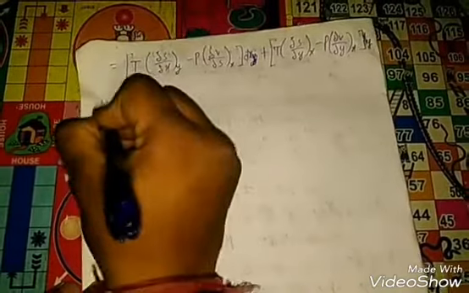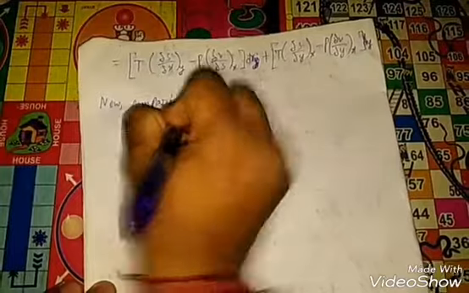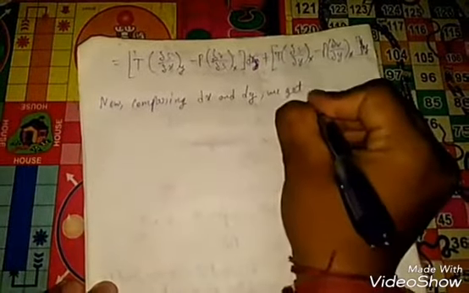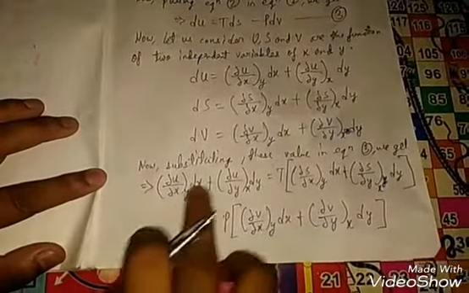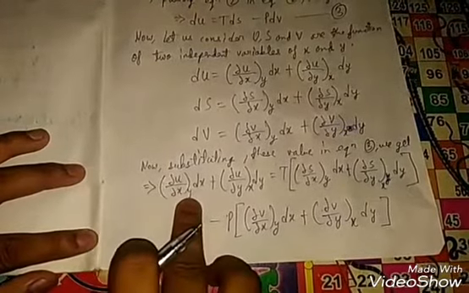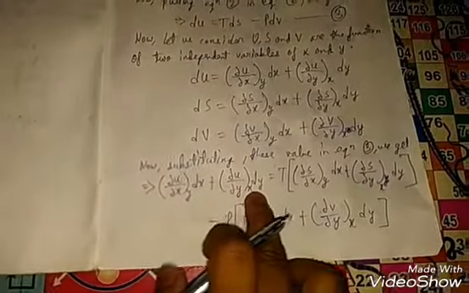Now comparing dx and dy we get. Now here what is done, this equation we get from here, so we compare the dx. In this portion the coefficient of dx is del u by del x keeping y constant, and the coefficient of dy is del u by del y keeping x constant.